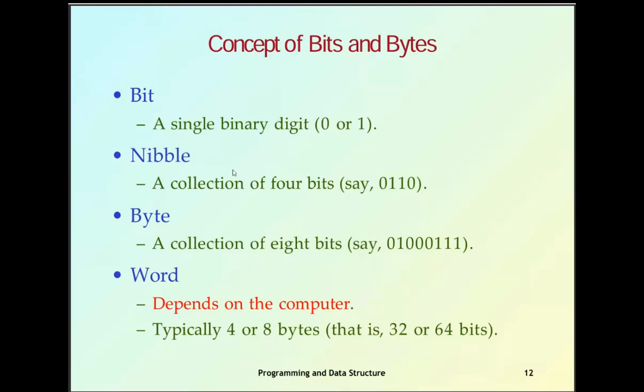It is very similar to the decimal number system. How many digits do we have in the decimal number system? We have 10 digits, 1 to 9 and 0.